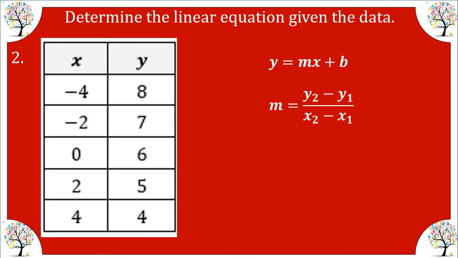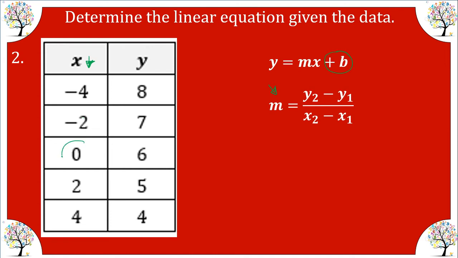Okay, now let's take a look at when you have been given 2 ordered pairs or several ordered pairs of the line. We are going to find the slope using our slope formula. But before we even start that, I'm going to look to see if I have been given the y-intercept, which is the b value, and I'm looking to see when x is 0.